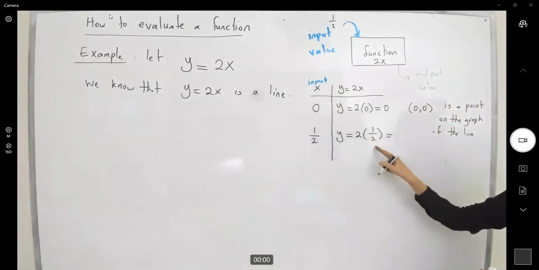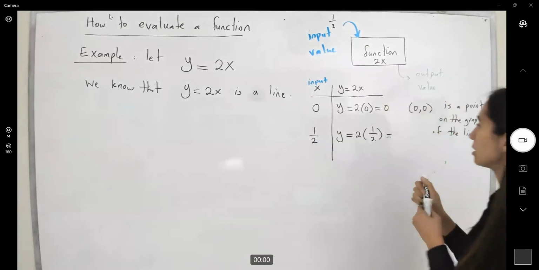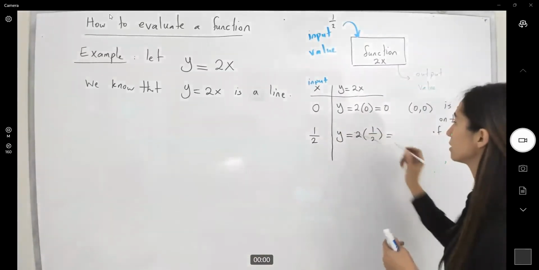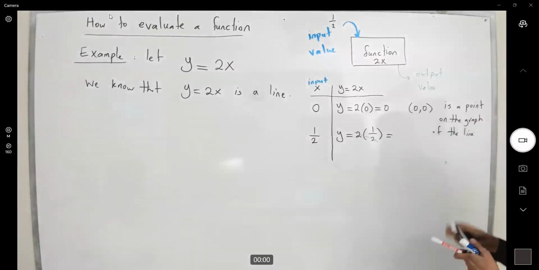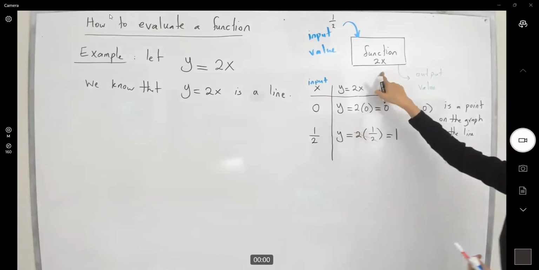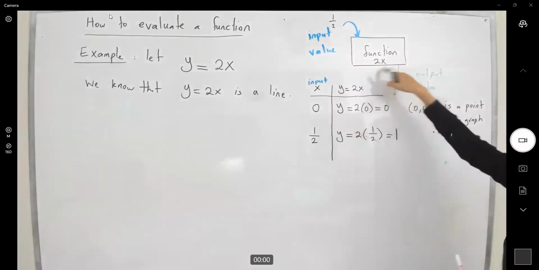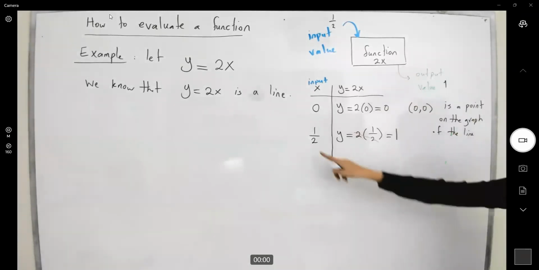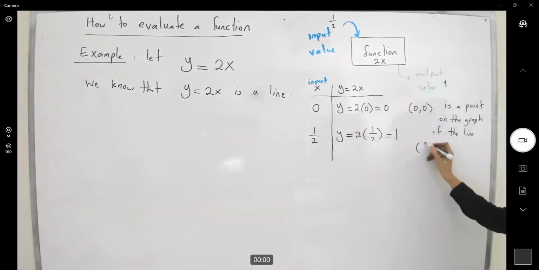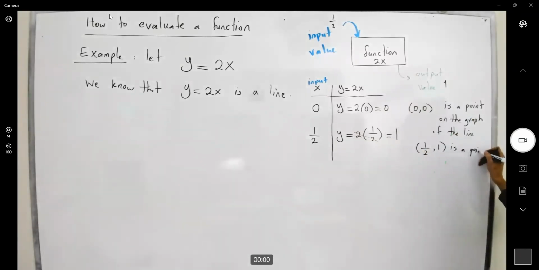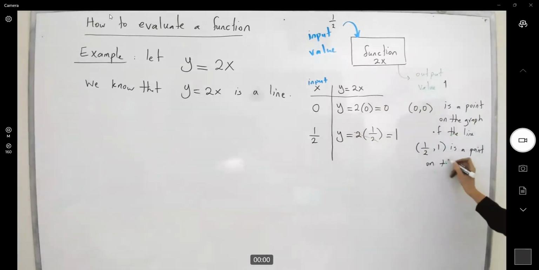Well, 2 and 2 cancel out each other, and I'm left with 1. Oh, okay. I entered a half, and this function makes some adjustments to a half, and it gave me 1. What's the meaning of that? It means that the point with first coordinate a half and second coordinate 1 is a point on the graph.